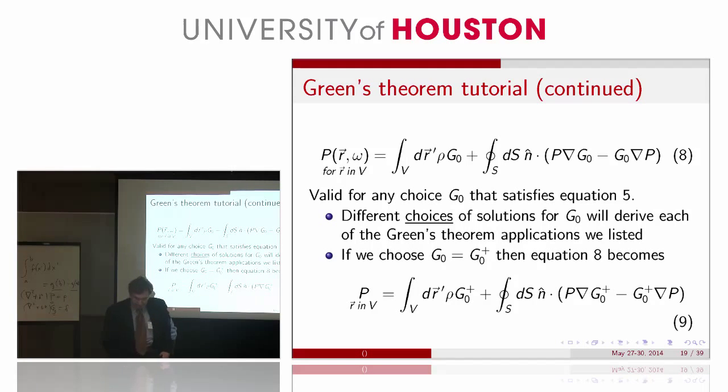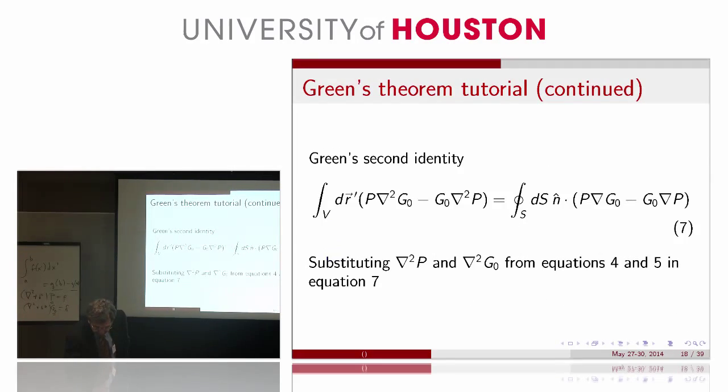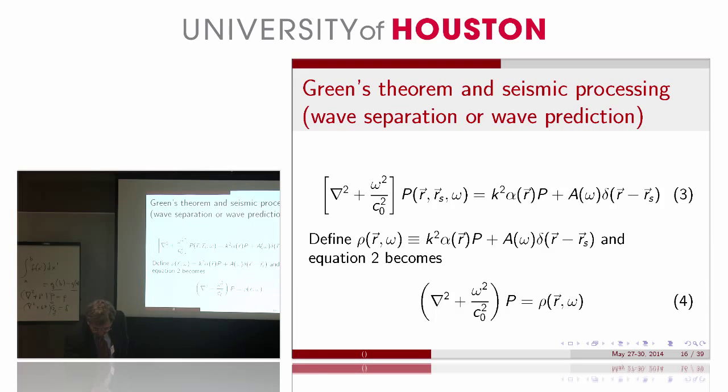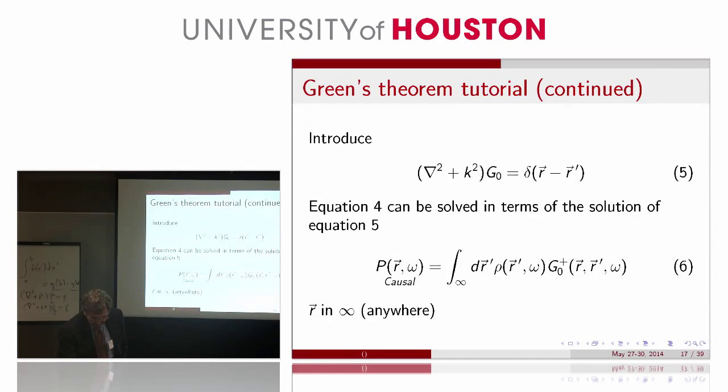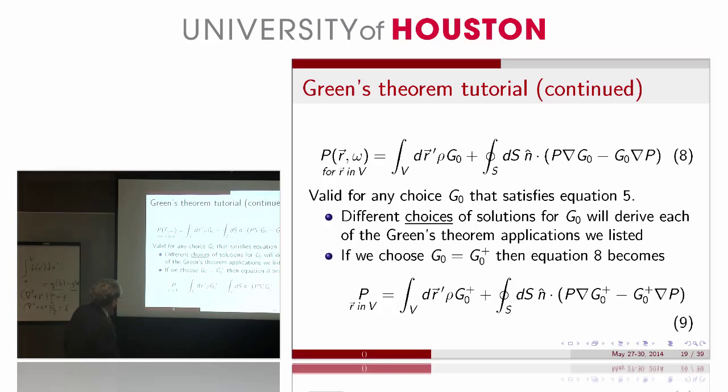If we go back, it needs alpha inside. In other words, it needs the velocity. Green's theorem says if you want to predict the wave field inside a volume, you need to know this whole thing is running on C0. In addition, you need alpha, which is the difference between the reference velocity and the actual. And if there's a source in there, it needs that A of omega. Whatever's inside, it needs to know it.